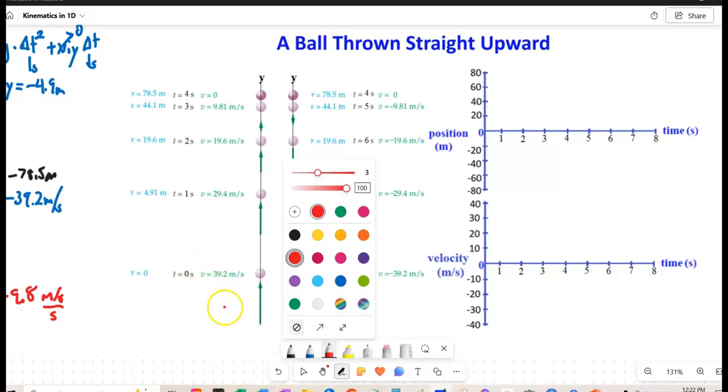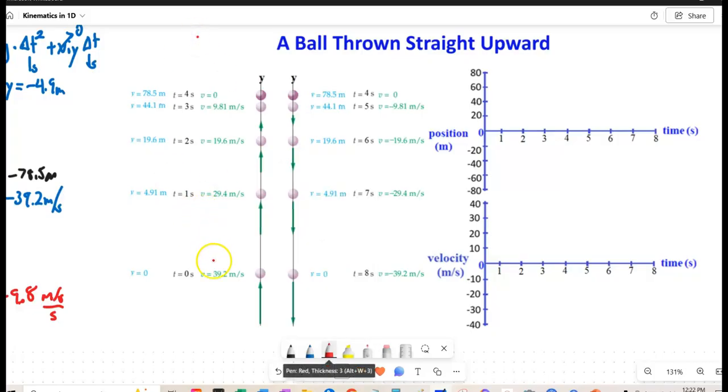So, when you throw a ball straight up with an initial velocity of 39.2 meters per second, its initial position is 0. So, you're going to be under the ball the entire time once it leaves your hand. So you throw a ball upwards. Now it's moving upwards as acceleration is pointing down at every single point in time.